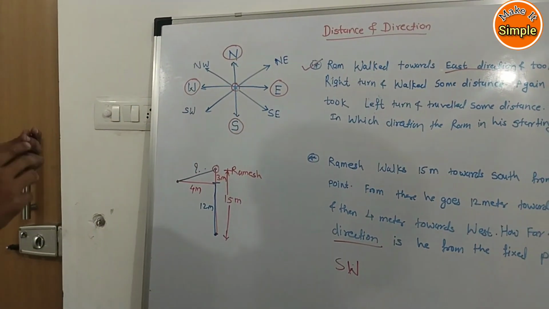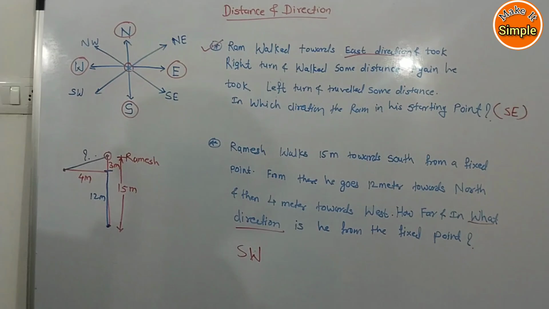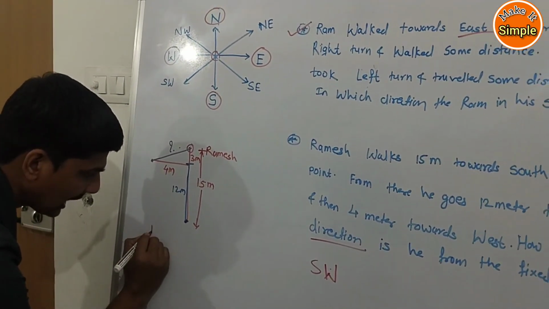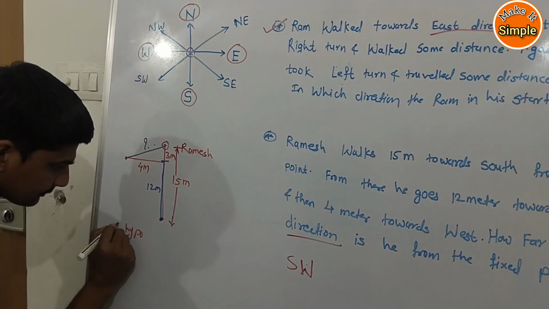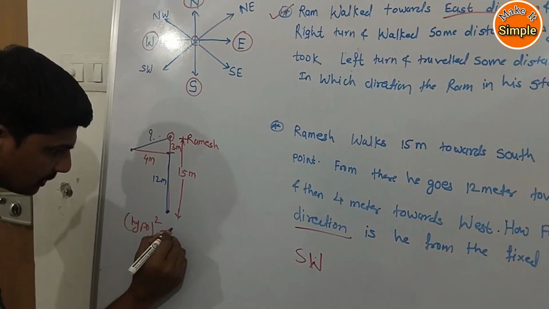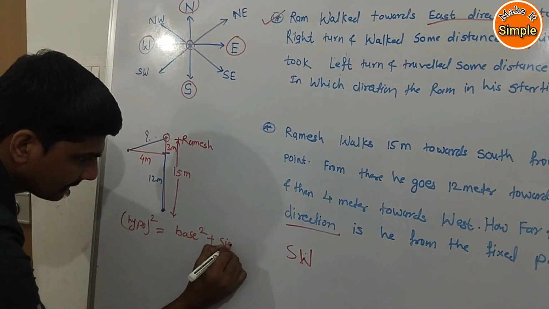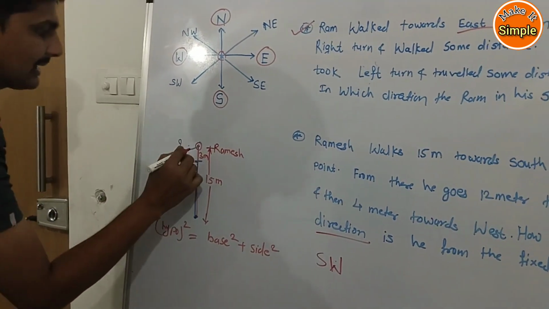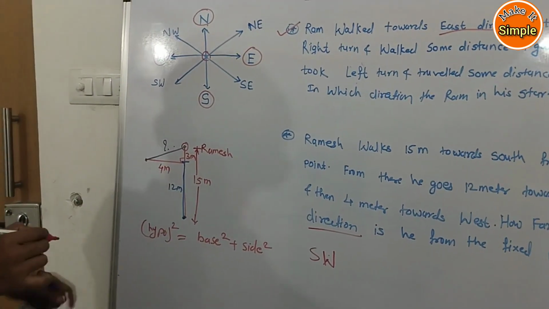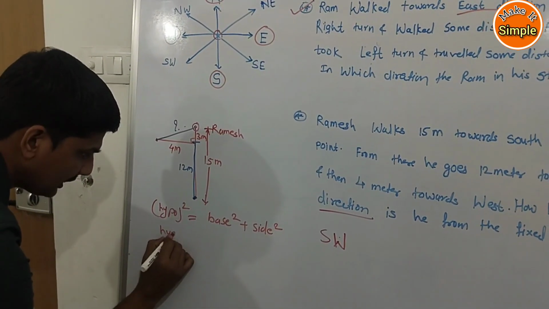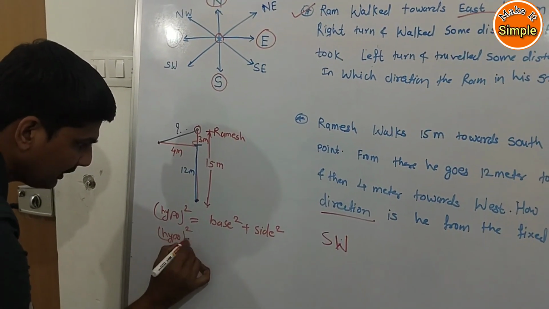By using the simple Pythagoras theorem. What is the Pythagoras theorem? It states that hypotenuse square is equal to base square plus side square. A right angle is forming here. The hypotenuse is the distance we want to calculate.